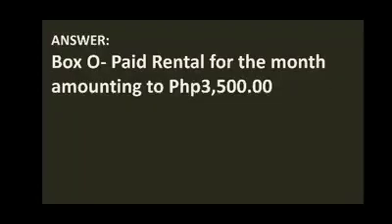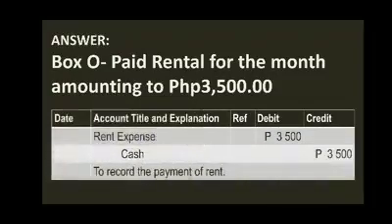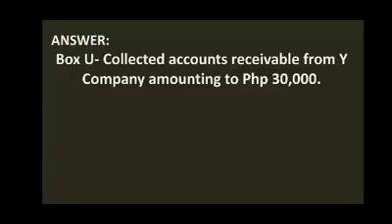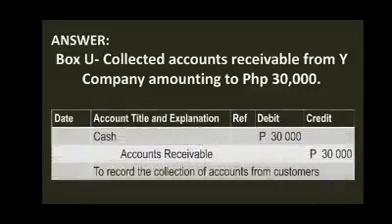Next, paid rental for the month amounting to 3,500. So, ide-debit natin rent expense 3,500, credit cash 3,500. Next, collected accounts receivable from Y company amounting to 30,000. So, debit cash 30,000 and credit accounts receivable kasi na-receive mo na yung pautang mo.